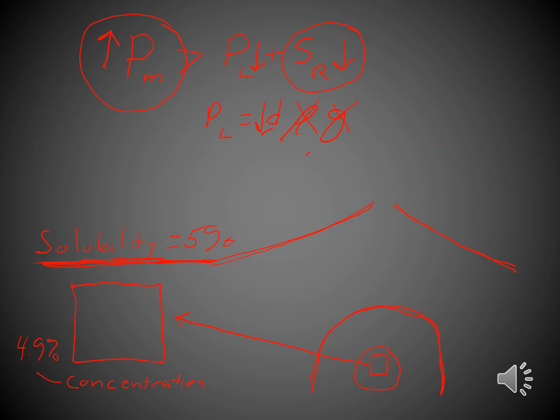Now, if you increase the concentration to 5%, and then increase it a little more, what happens when the concentration equals the solubility? That's when they come out of solution and start forming bubbles, right? But in this situation, we don't have any bubbles.